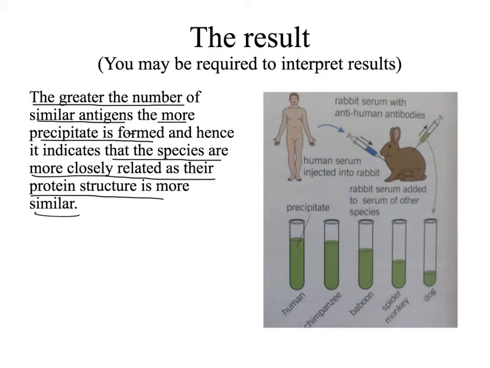And so in terms of questions that you would be asked, you would just be asked to look at the amount of precipitate formed, or it might give you a value for the amount of precipitate formed.